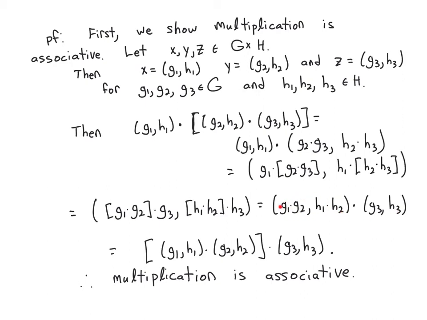Finally, we can factor this first ordered pair as well. Factor the first coordinates from the second coordinates. The first coordinates are g1, h1. The second factors in the coordinates are g2, h2. So we get this factorization. We see that we had x times (y times z) up here. And down here we have (x times y) times z. So in fact, multiplication is associative.